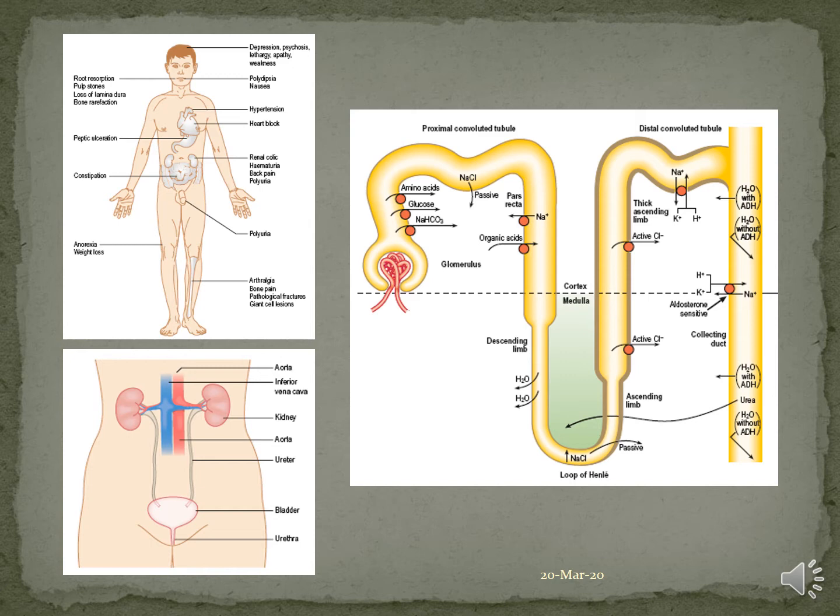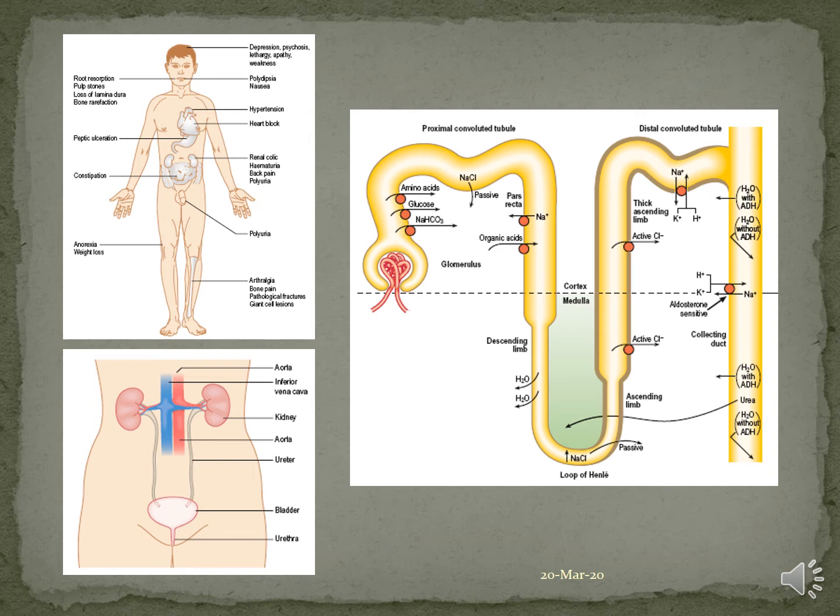Okay, the manifestations of chronic renal disorders are multivarious because it depends on the system which is involved. It starts with psychological manifestations of depression, psychosis, lethargy, apathy, and weakness, and then polydipsia with nausea as GI manifestations, hypertension, renal colics, back pain, polyuria, constipation, peptic ulceration, especially those affecting bone metabolism.